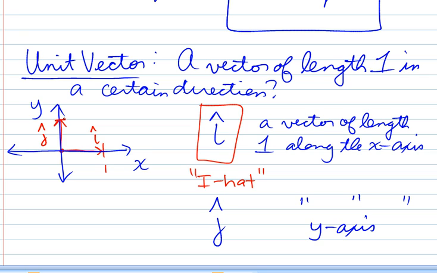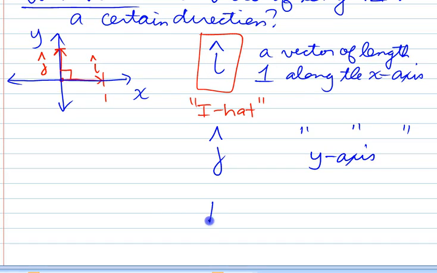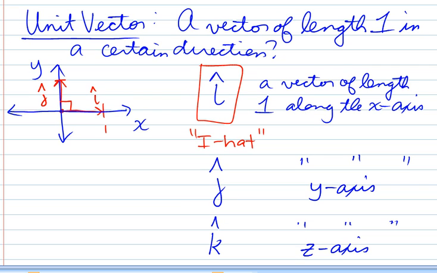And they are perpendicular to each other because they go along the axes, and they each have a length of 1. So that is an introduction to unit vectors. We can also, if you want, write k hat, which is the same thing, but now we're getting all three-dimensional, and this goes along the z-axis, which I don't even have in my diagram. Most of the time i hat and j hat is just fine.